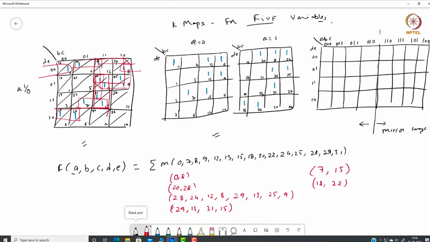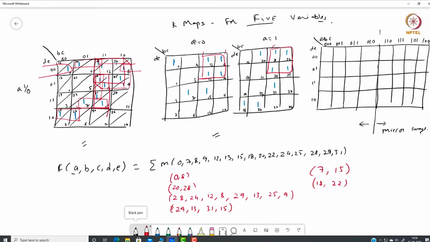If I want to do the same thing here, I have to see that these are the 4 which can be combined and these are the 4 which can be combined. Because they are overlapping, we can create a bigger cube out of them.